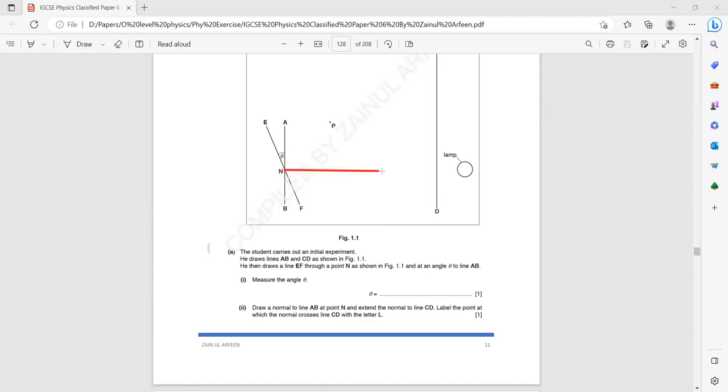And we have to continue this line until it meets a point on line CD, and label that point as L. Don't forget to mark those points as mentioned, because sometimes we have to measure the length. So this is N and L, and L is the point where the line meets C and D.